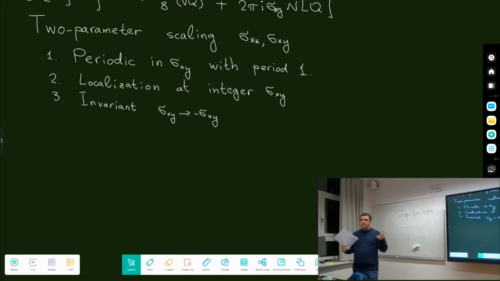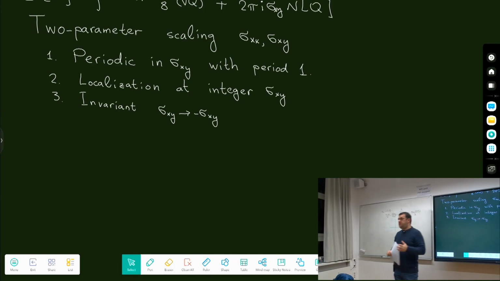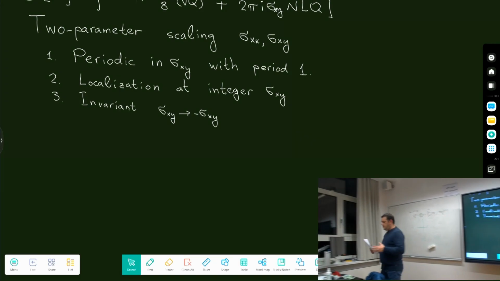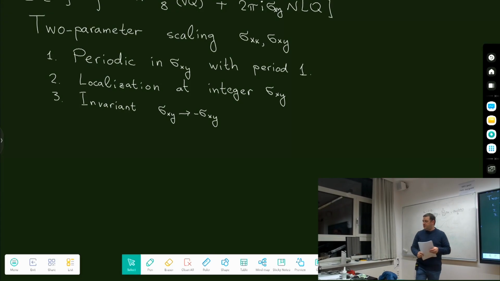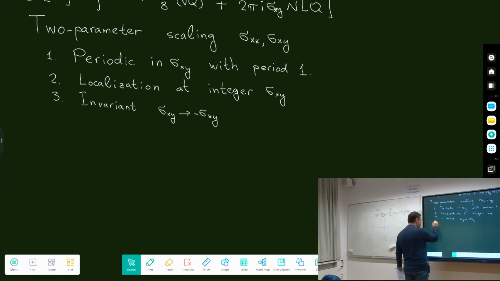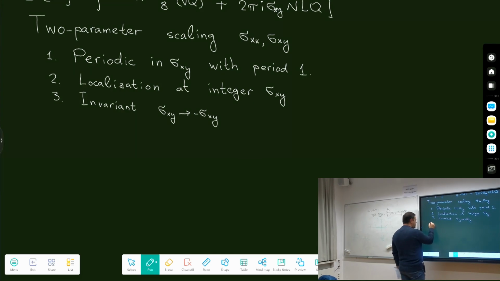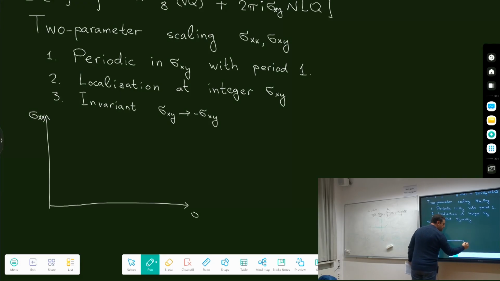And this was done around the year 1986 or 7 by some other people who saw this work by Pruskin. So I will just now show you what happens. What is a two parameter scaling? We have a plane which is sigma xx here and sigma xy here.